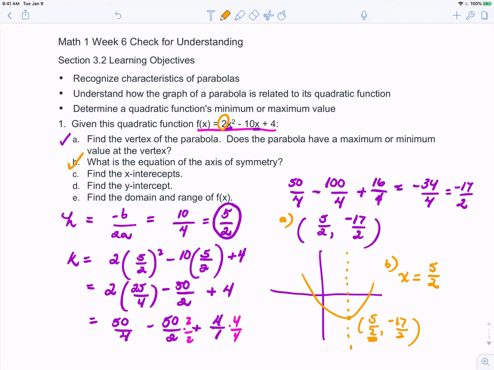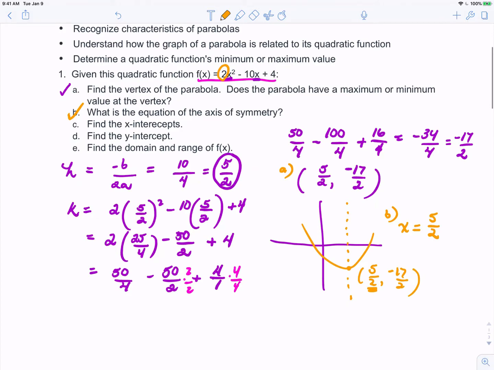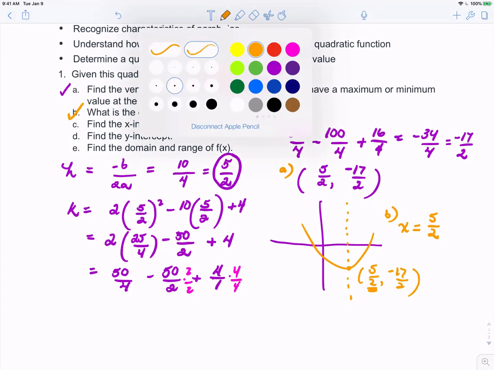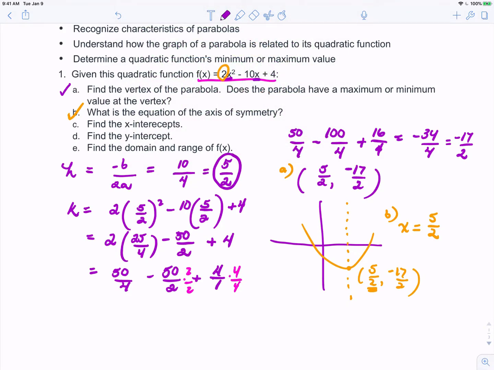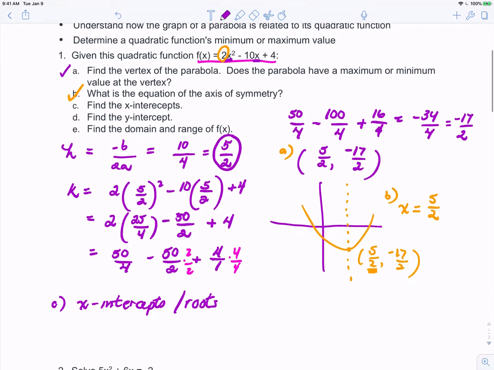Now, find the x-intercepts. Another word for the x-intercepts is the roots of the polynomial. The roots, the x-intercepts, are where the function is equal to 0. So we need to solve the equation 0 equals 2x squared minus 10x plus 4.